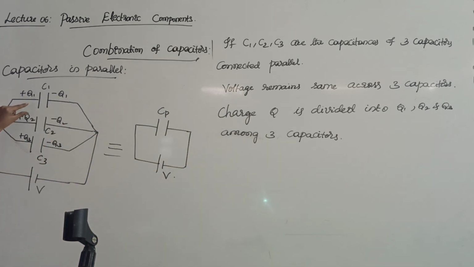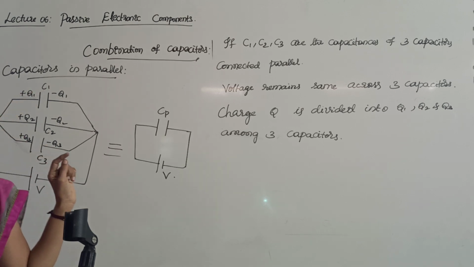The charge will be different because it's a parallel combination. The same charge will not be flowing along the same path. There are different paths, so a different amount of charge will be stored on each capacitor.